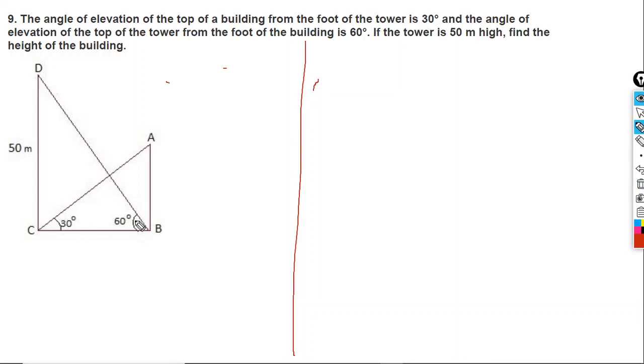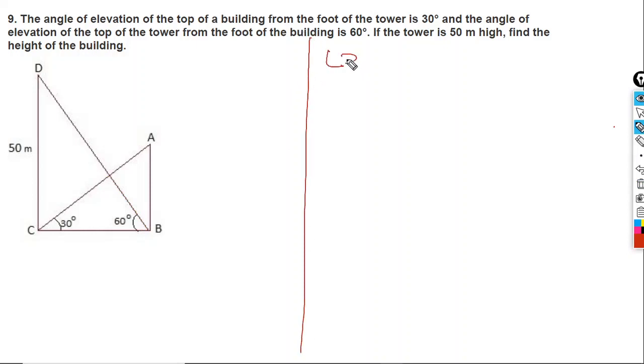Here you can write angle DBC. Look at the figure.